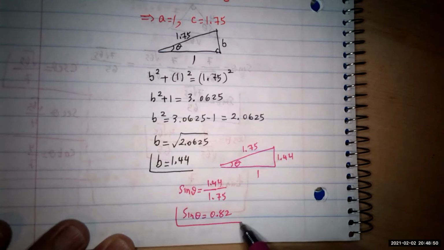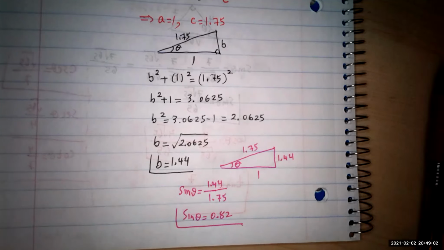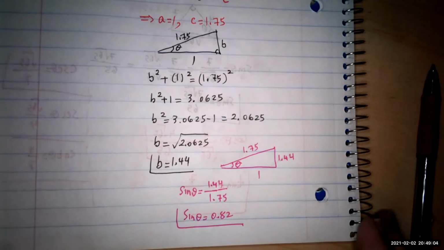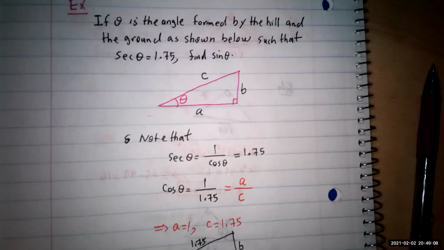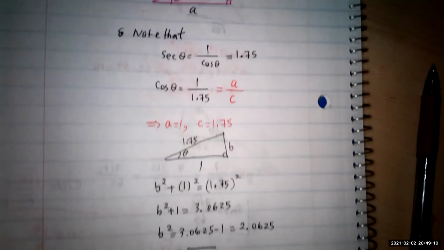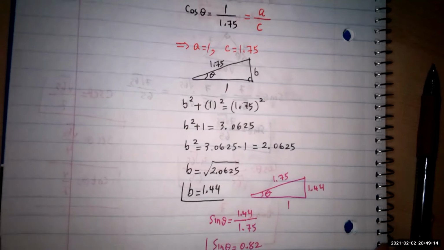So that gives you the final answer. It's an interesting problem, where one of the functions is given to you and you want to find the other ones. You're going to have various ways to do this, but that's a nice one so far.